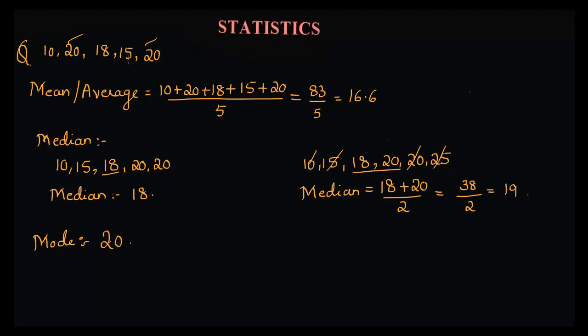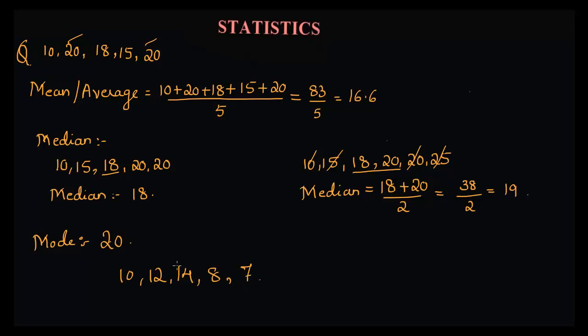So I just said, there may be possibility that it can have 2 or 3 modes, many modes, and it can have the possibility of having no mode as well. For example, if I have different numbers 10, 12, 14, 8, something like that. So no number is repeated. So it does not have any mode, right?